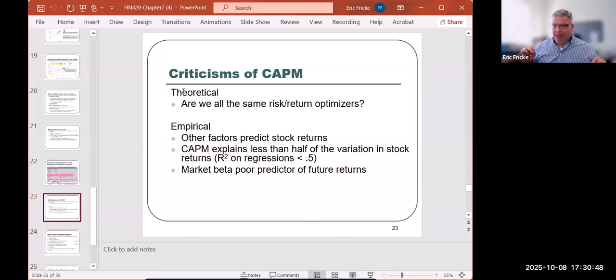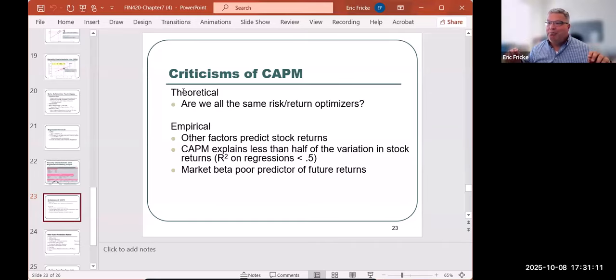Empirically, by empirical, I mean going back and testing CAPM to see if it's statistically true. It's not perfect. We know CAPM statistically, you don't want to create an investment strategy based on CAPM. Let me rephrase that.